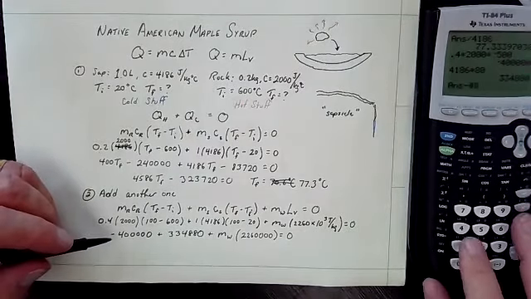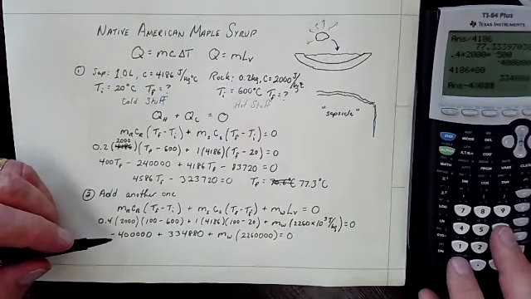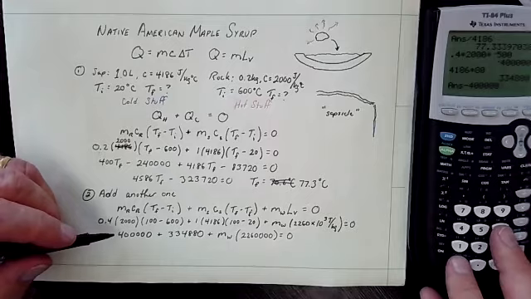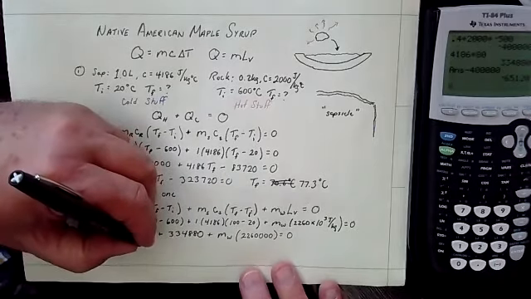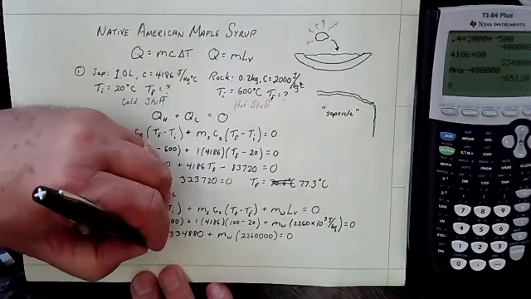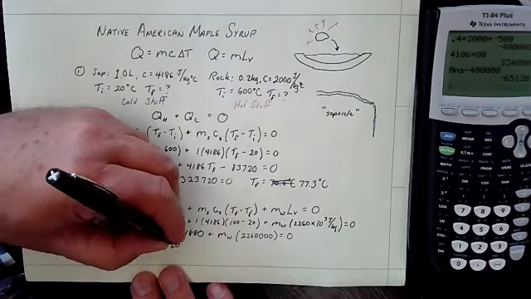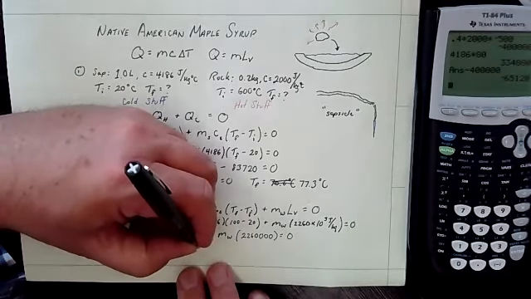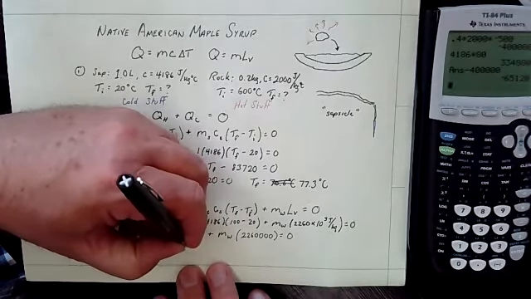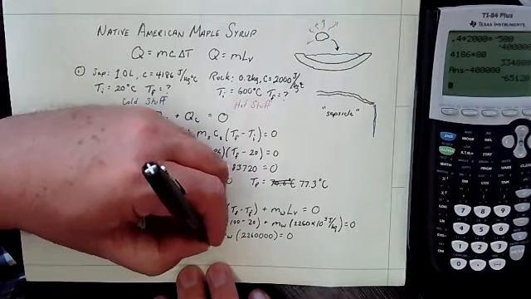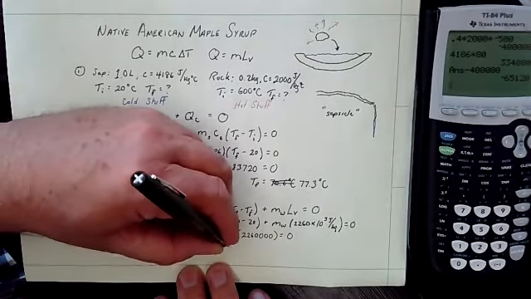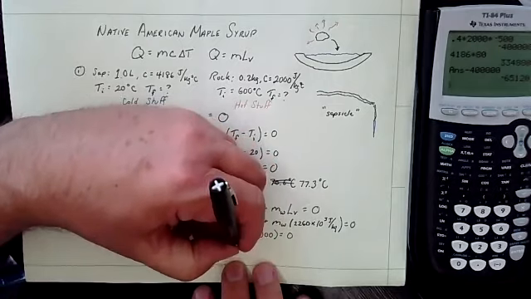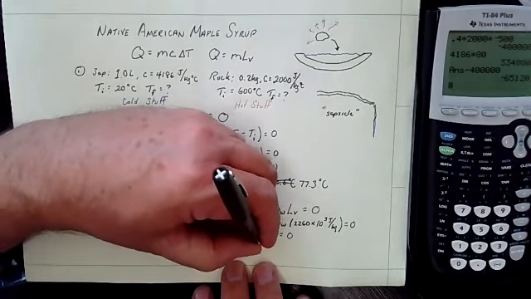So I'm going to subtract 400,000 from the number I just calculated. So minus 65120 equals, oops, sorry, plus 2260123 times MW equals 0.